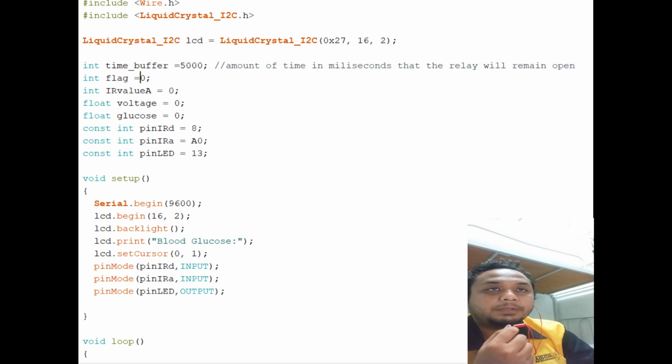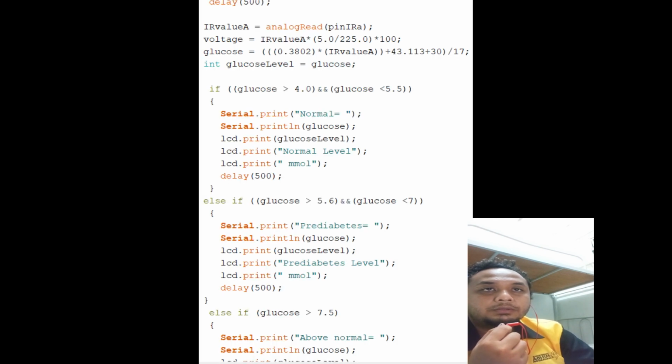For voltage, we must get the voltage first and then convert it into glucose. This is the integer declaration for the sensor unit. Then we print the blood glucose.